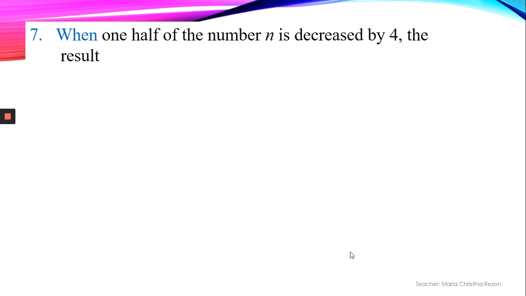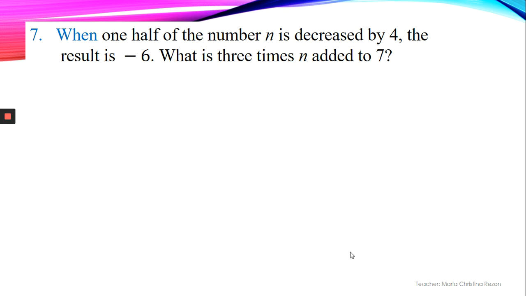When 1/2 of the number n is decreased by 4, the result is negative 6. What is 3 times n added to 7? So you have here 4 choices, and before you choose, you have to analyze our verbal phrase here.